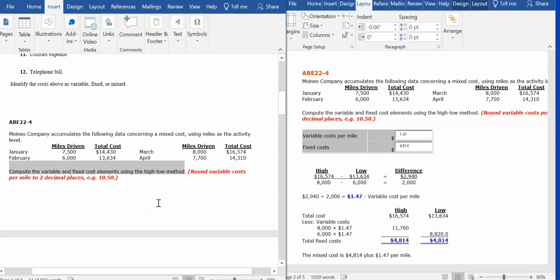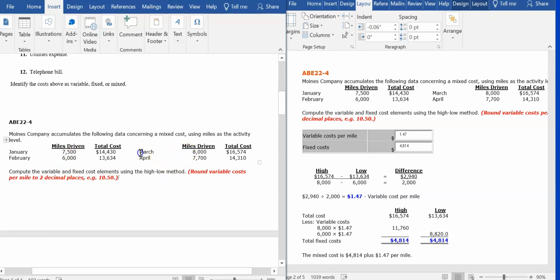So the first thing we need to do to apply the high-low method is find the highest activity data point and the lowest activity data point. Looking at our activity data points here, the highest is 8,000 miles driven and the lowest is 6,000 miles driven.